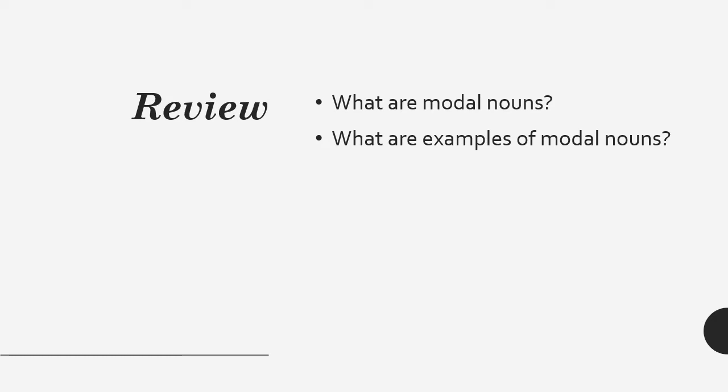All right, so if you recall, I told you last time that modal nouns are nouns that show modality. Modality means the quality or state of something other than being a simple fact. Review question number 2. Can you name some examples of modal nouns?